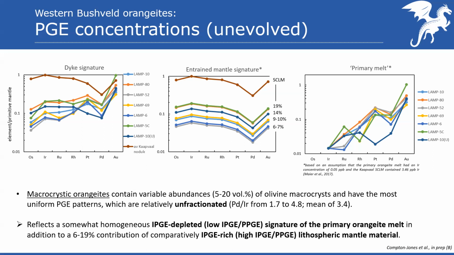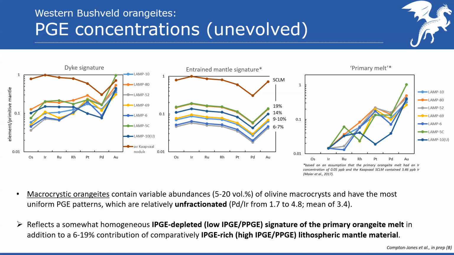Then essentially we can subtract that profile from our original profile to come up with a best guess for the PGE contents of the primary melt. And other than the one profile that is significantly depleted in platinum and palladium, for the PPGEs there's a fairly high degree of coherency. It's just the IPGEs that are much more variable.